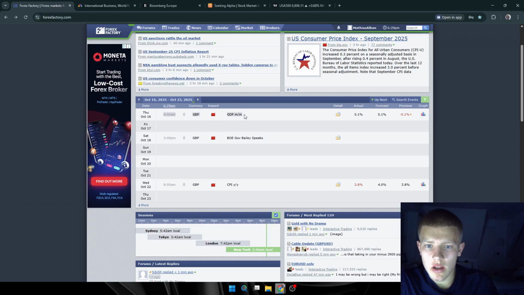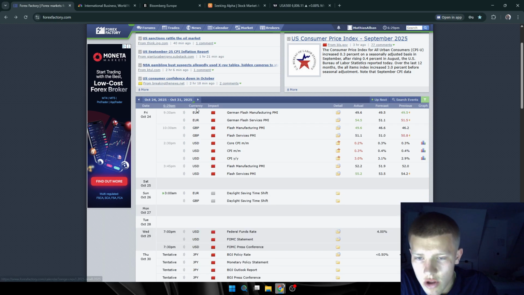It's very low likelihood, but you can be in a trade at 8 a.m. in, for example, the dollar versus the yen, because this is the GBP.